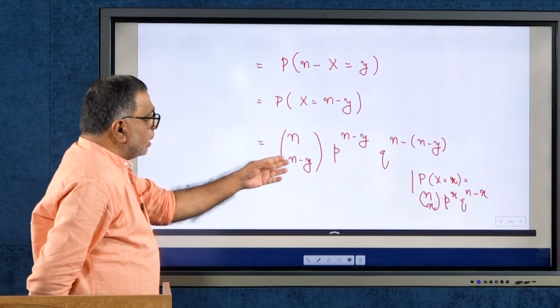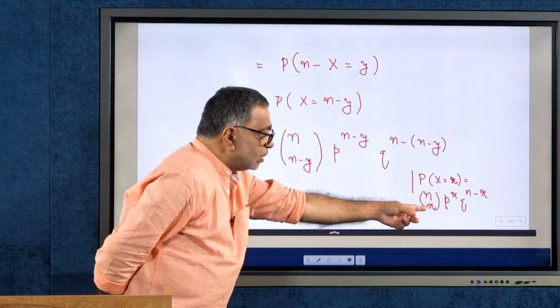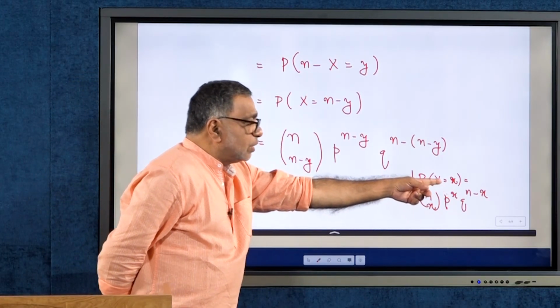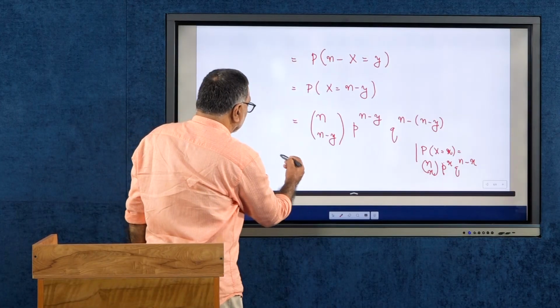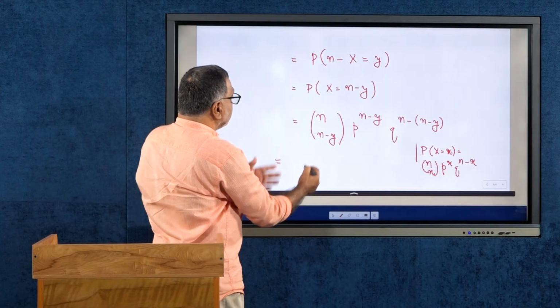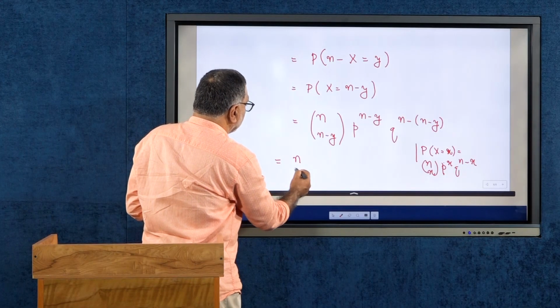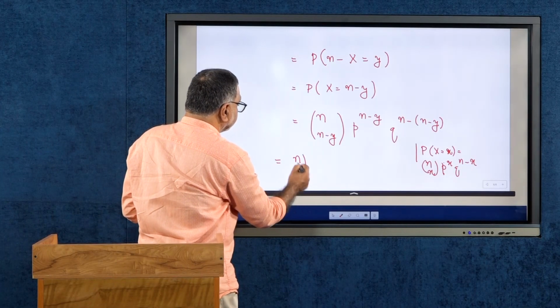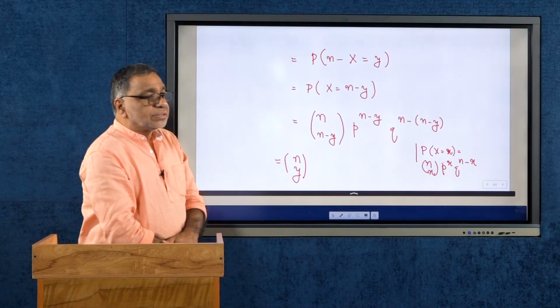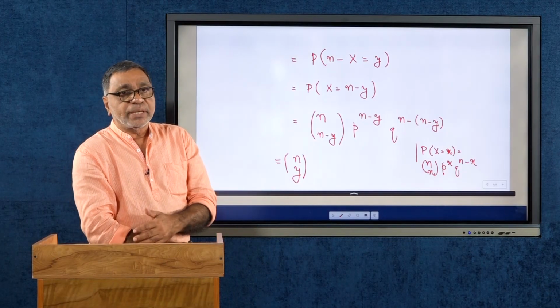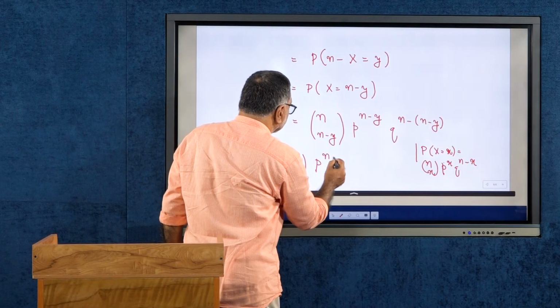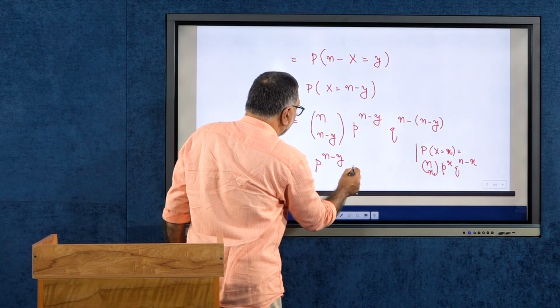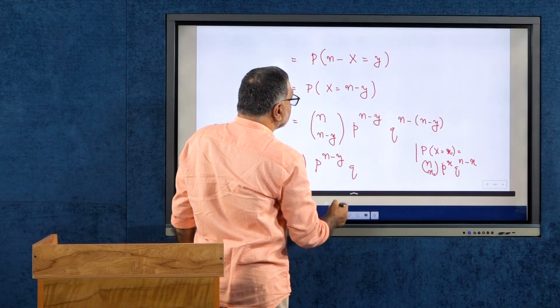So, nC(n minus y), p power n minus y, q power n minus y. This is equal to nC(n minus y), which is the same as nCy. You know that. nC(n minus y) is the same as nCy. And p power n minus y, q power n minus y means y.